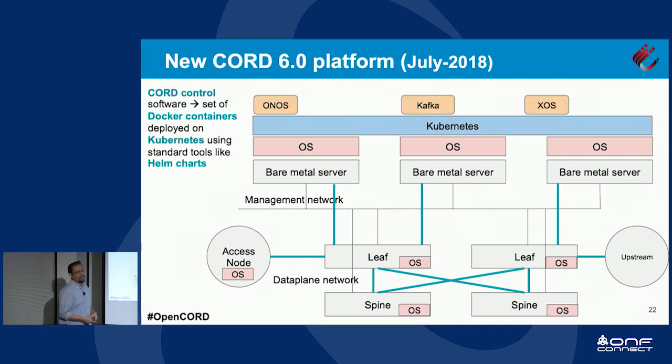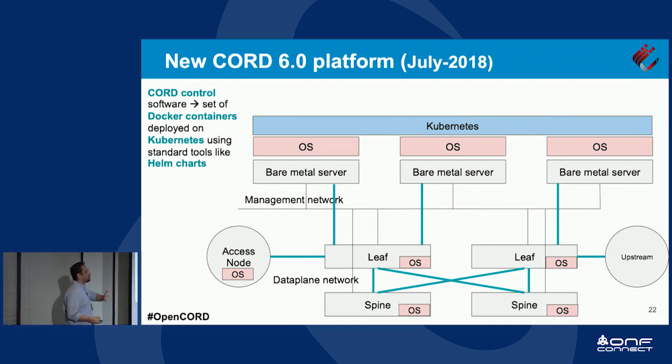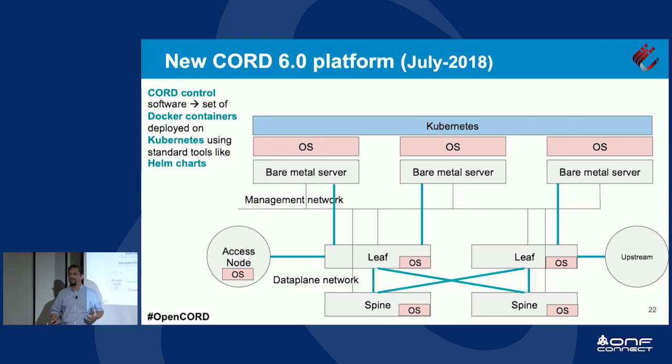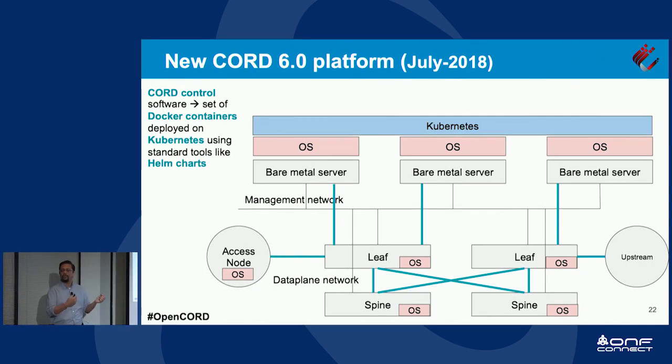And on top of that, that's where we come in. Once you have this installed base, on top of that you can install the pieces of the CORD platform and the profiles that we need, like SEBA.